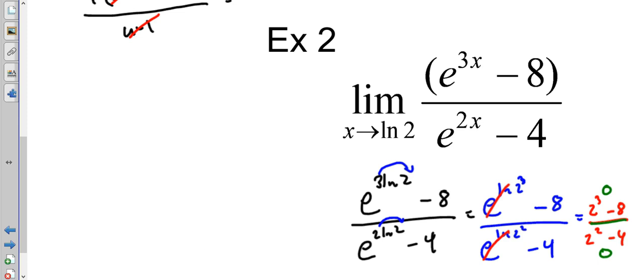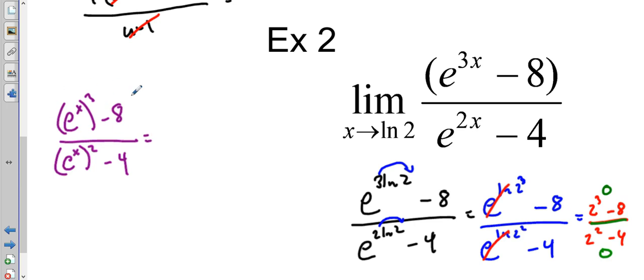So the more work we've got to do is we're going to rewrite it as e to the x, cubed, minus 8 over e to the x, squared, just like we did on top in the previous problem. Right here on the bottom, we can simplify this, and at the top, we can also simplify this as well.